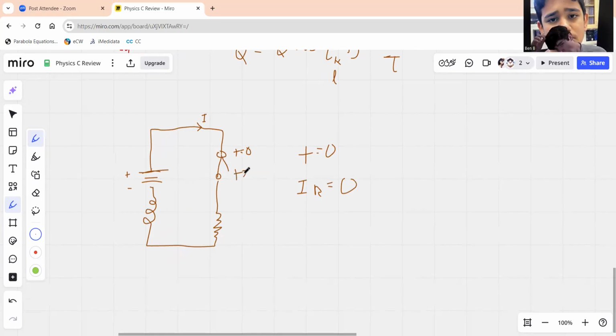And then when the switch is closed, t is greater than 0, we have to obey Kirchhoff's loop rule, which states V of battery, E, referred to as epsilon, equals voltage of the resistor plus voltage of the inductor.